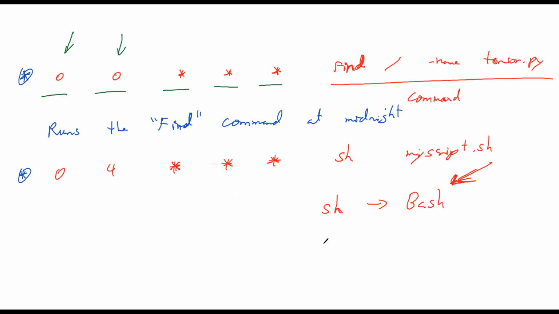And technically it is bash that runs my script.sh. We'll talk about that also, but just be aware right now, all I want to do is run the script, so I'm calling the shell and running my little bash script, whatever it is, doesn't matter.